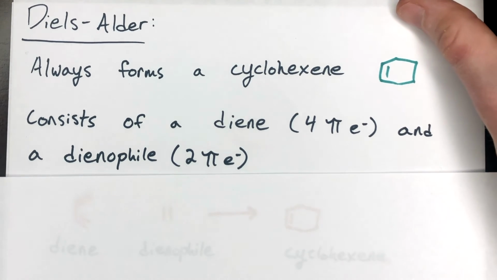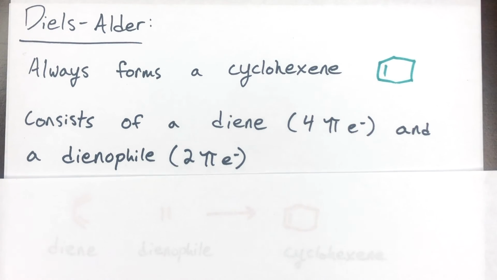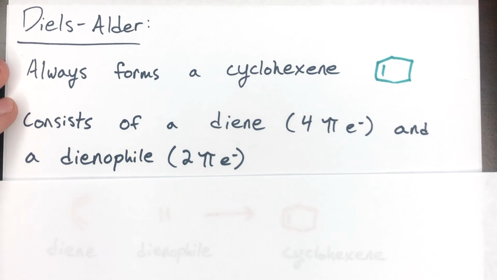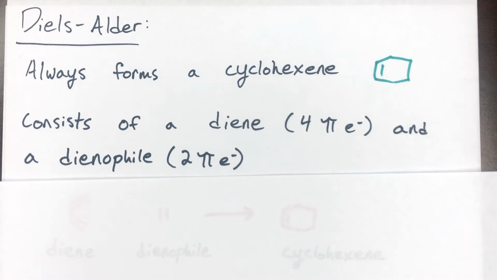And additionally, the Diels-Alder consists of a diene and a dienophile in the reaction. The diene contributes the 4 pi electrons that we were talking about in our 4+2, and the dienophile contributes 2 pi electrons. Now, a diene is simply a molecule that has 2 alkenes or 2 pi bonds, and that's why each of those double bonds consists of 2 pi electrons to give you the 4 total pi electrons.